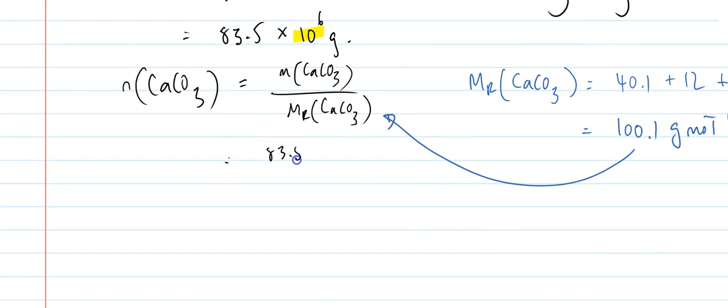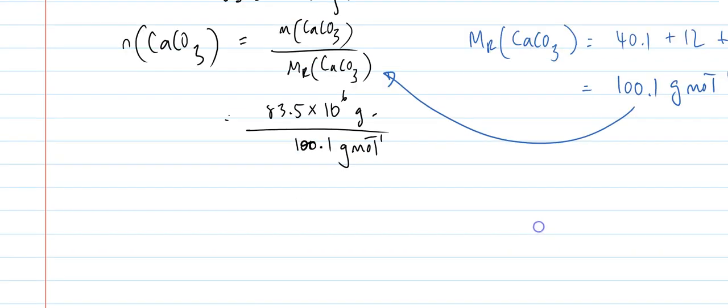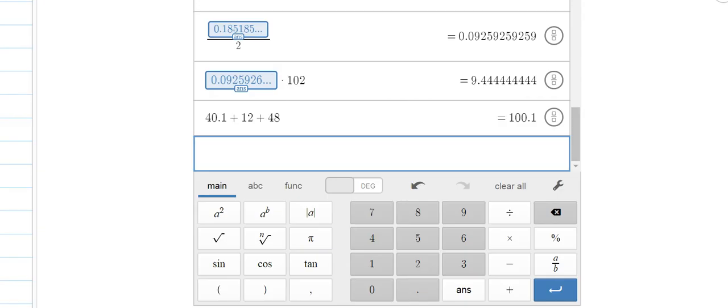So 83.5 times 10 to the 6 grams, that's calcium carbonate in grams, over 100.1 grams per mole. I'll just go 83.5 times 10 to the 6.